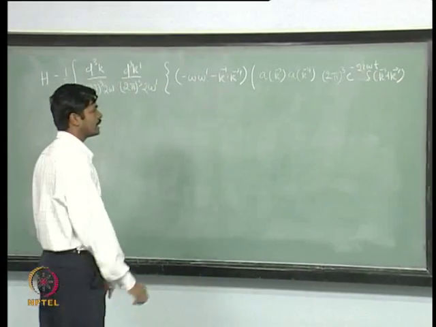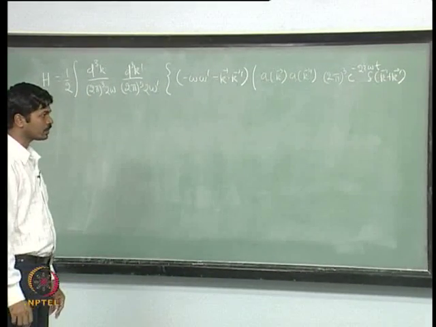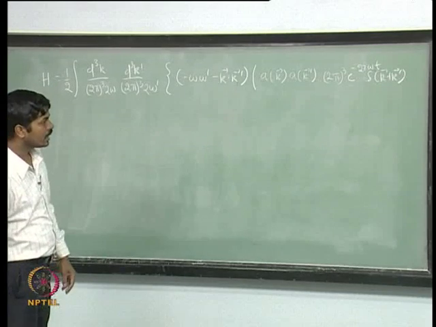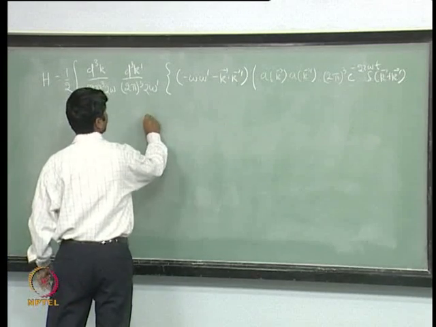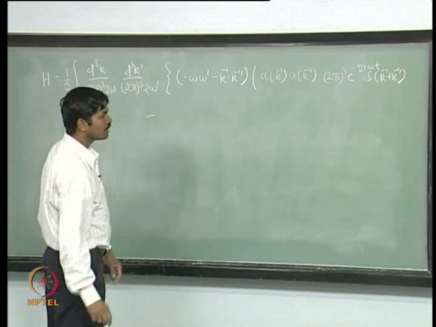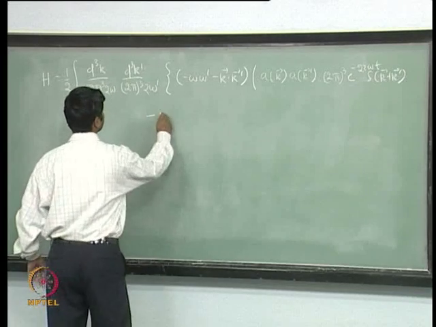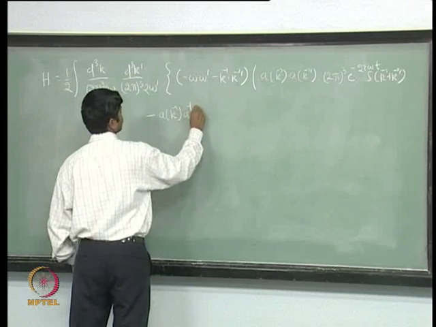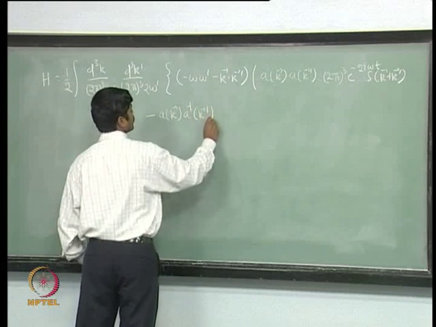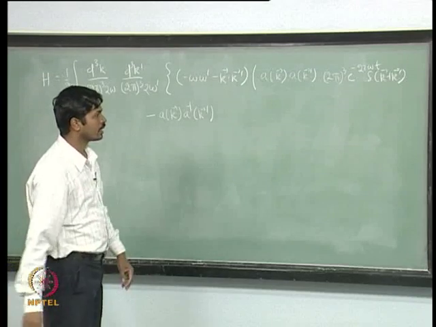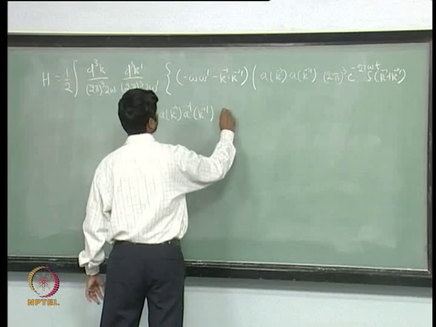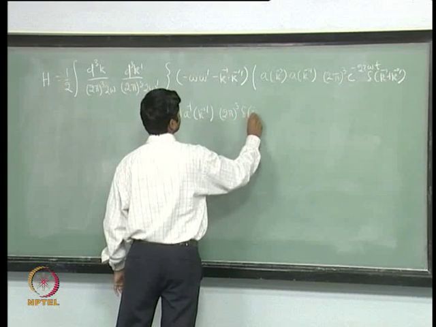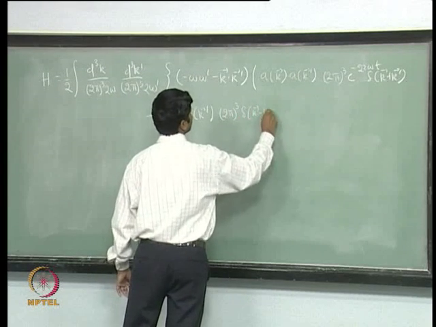So, this will have 4 terms. The first of the 4 terms is this, and then I will have minus a k a dagger k prime, and the integration over x will give me 2 pi cube delta of k minus k prime.